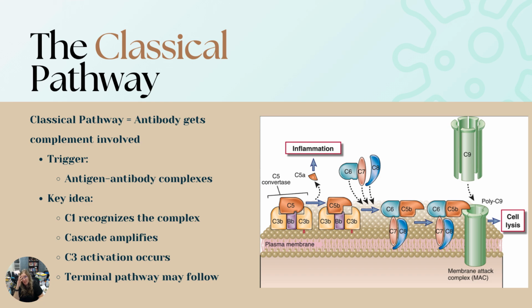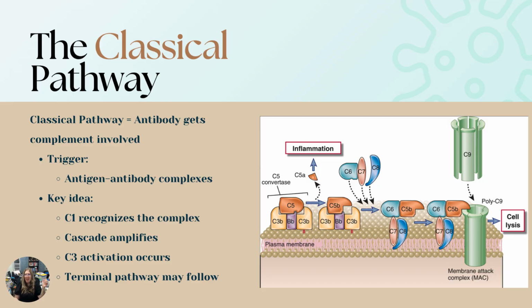The easiest way to remember classical complement activation is antibody gets complement involved. Once antibody has bound to antigen, the C1 complex can recognize the antibody associated complex and then initiate that cascade. From there, we can eventually activate what?